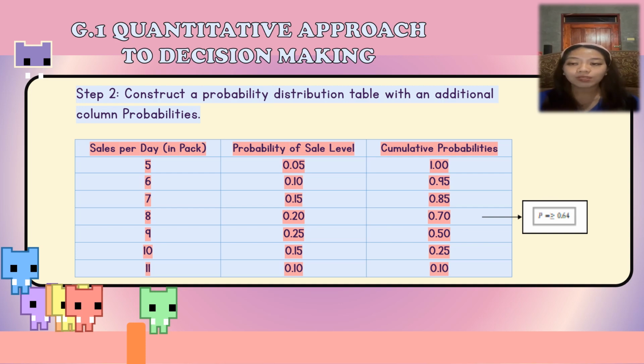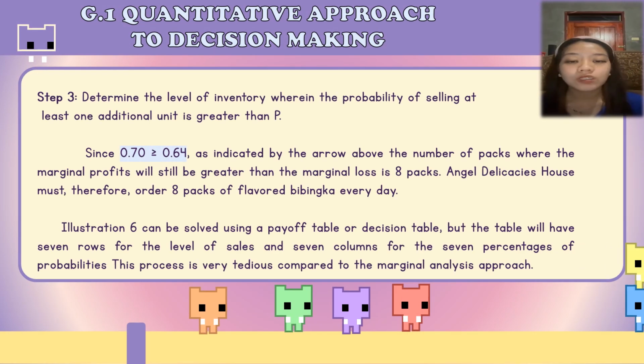So, sa step 3 naman tayo. Step 3 is determine the level of inventory wherein the probability of selling at least one additional unit is greater than P. So, since ang nakuha natin kanina sa cumulative probability is 0.70 is greater than to 0.64 na nakuha natin sa value of P as indicated by the arrow above the number of packs, where the marginal profits will still be greater than the marginal loss is 8 packs.